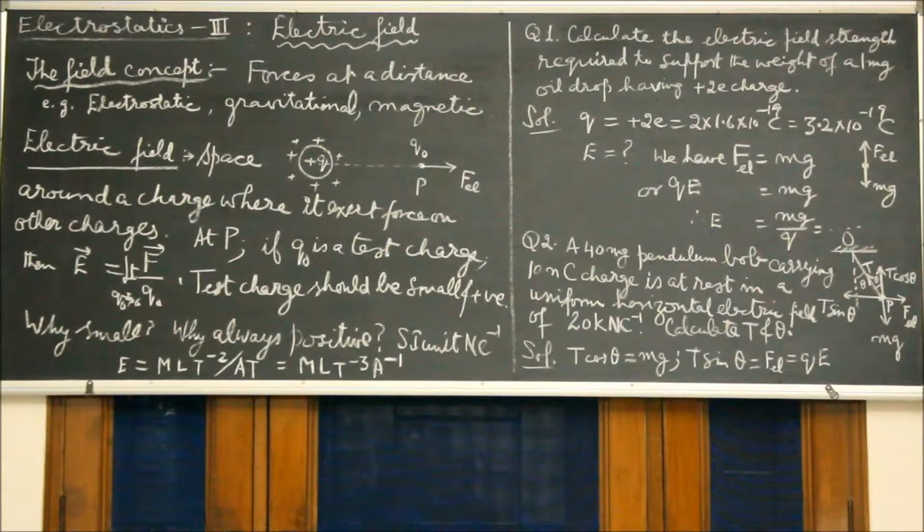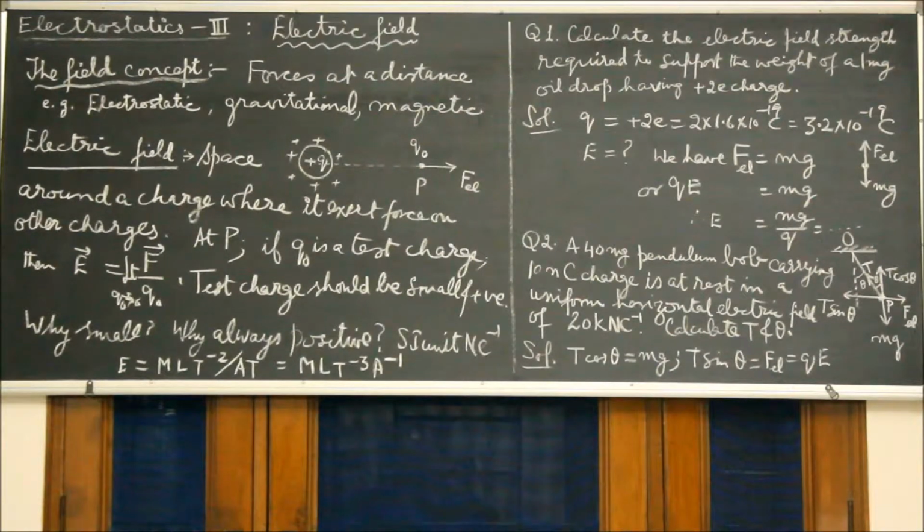However, in some situations we have action at a distance. The force is acting at a distance without any actual contact. For example, charges attract or repel each other without any contact. The gravitational force between Earth and the Moon is acting without any contact between the two heavenly bodies.